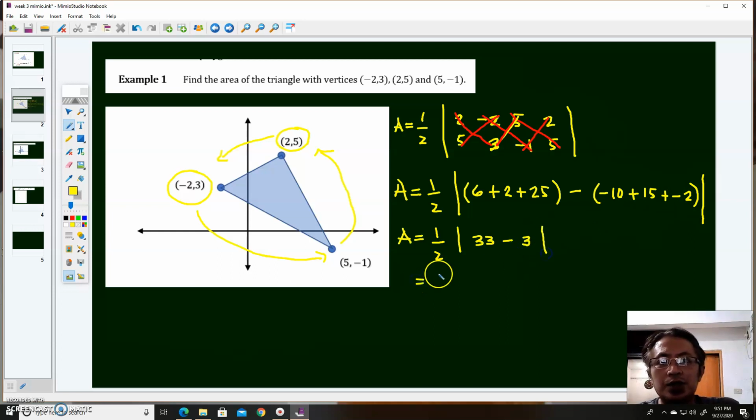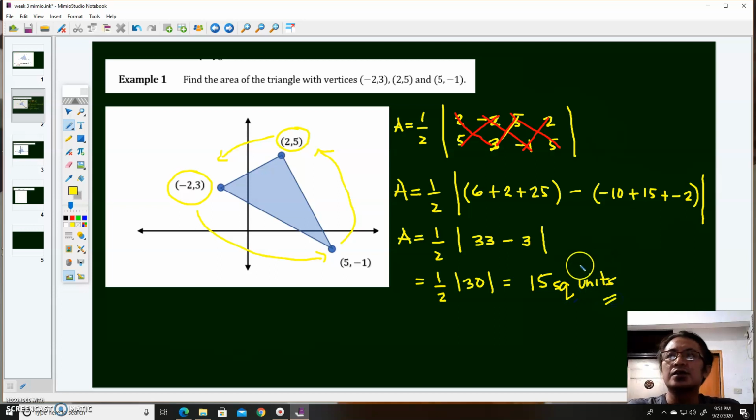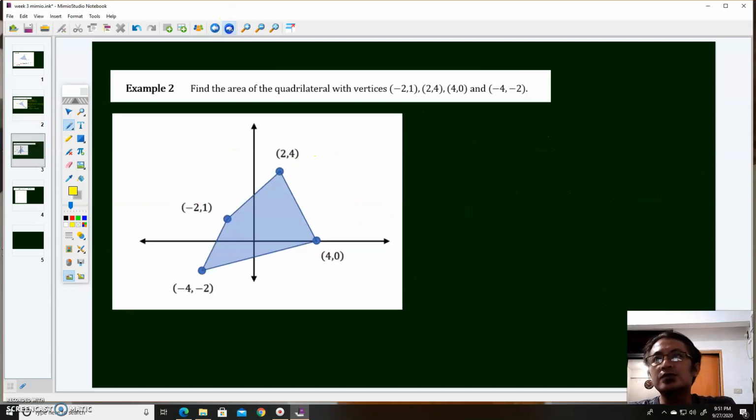So the area is 1/2 the absolute value of 30. And you know it is still 30. So 1/2 of 30 is 15. So the area of the triangle in example 1 is 15 square units. That's it. Let's go to the next example.